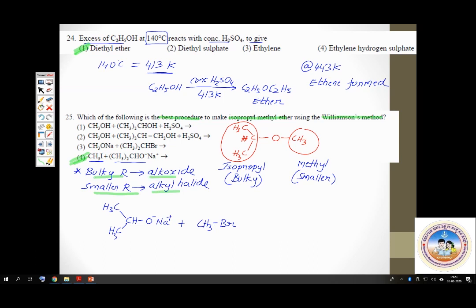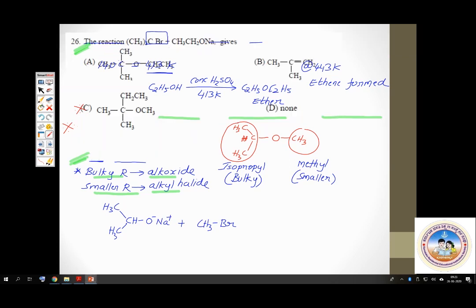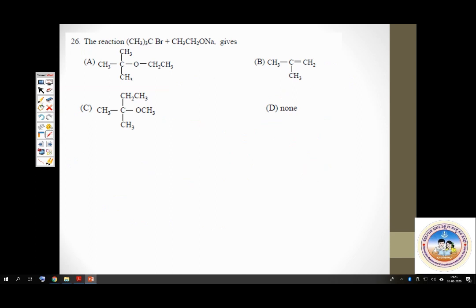Question number 26. The reaction between (CH3)3CBr, tertiary butyl bromide, with three such methyl groups attached to a carbon atom, made to react with alkoxide, CH3CH2O minus Na plus.